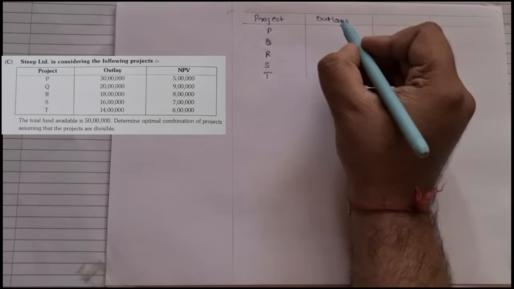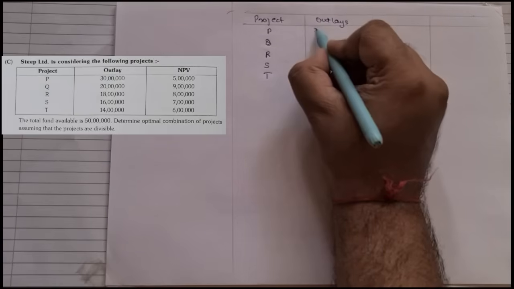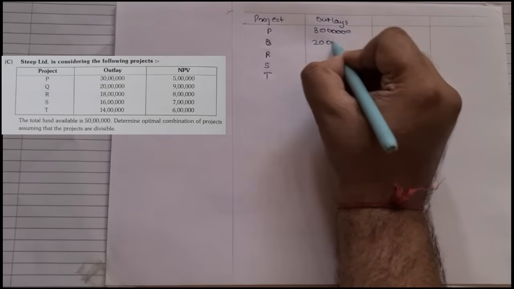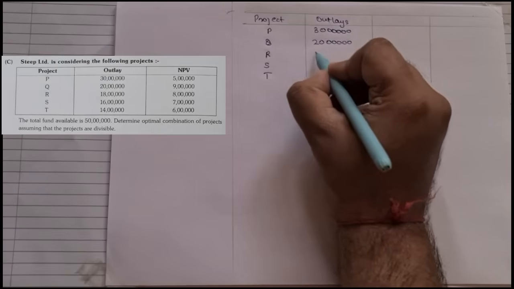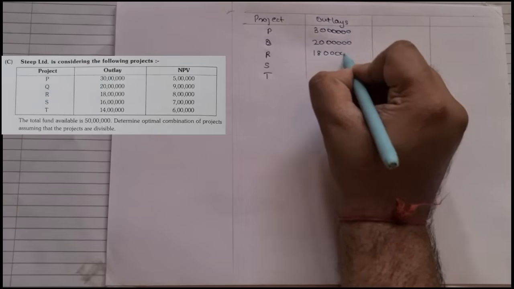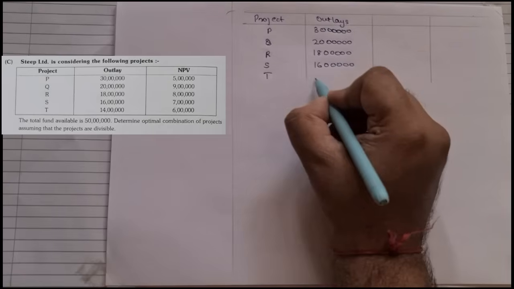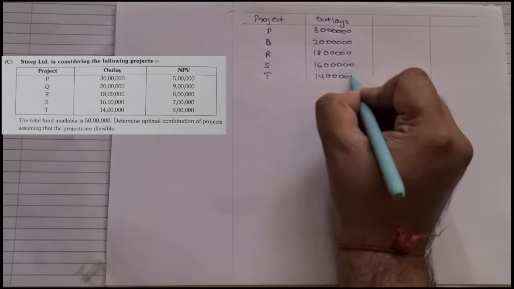The values are 30 lakhs, 20 lakhs, 18 lakhs, 16 lakhs, and 14 lakhs.